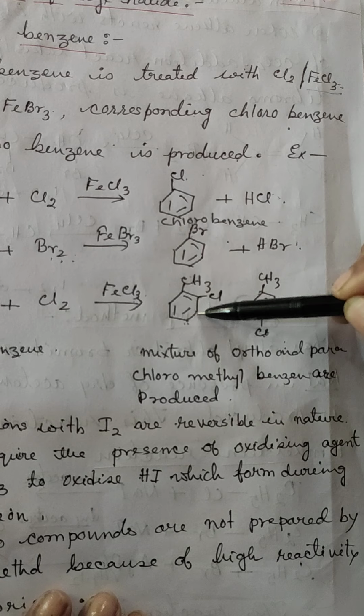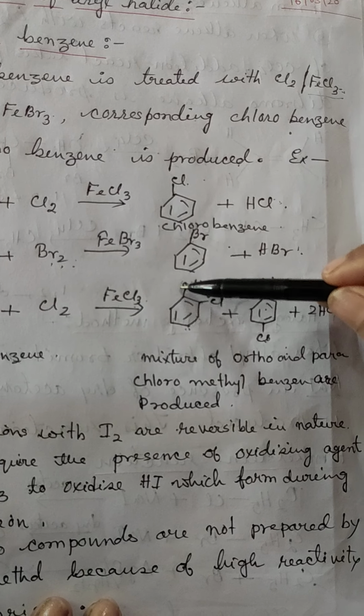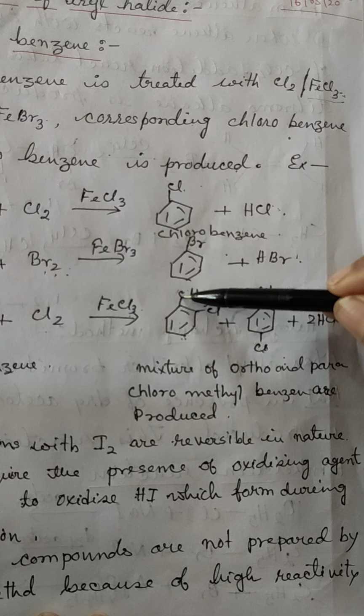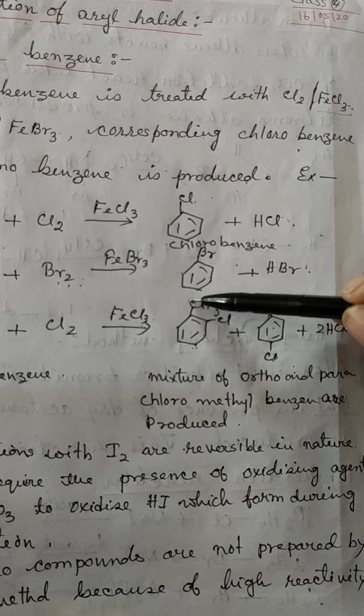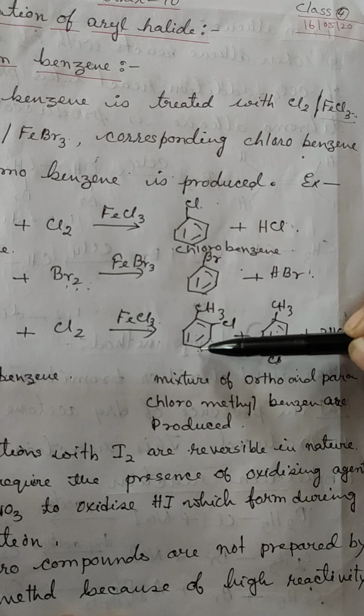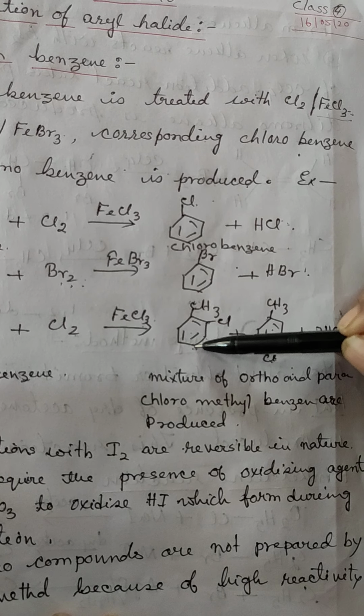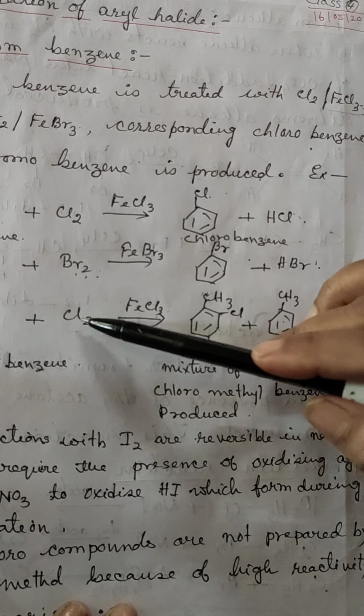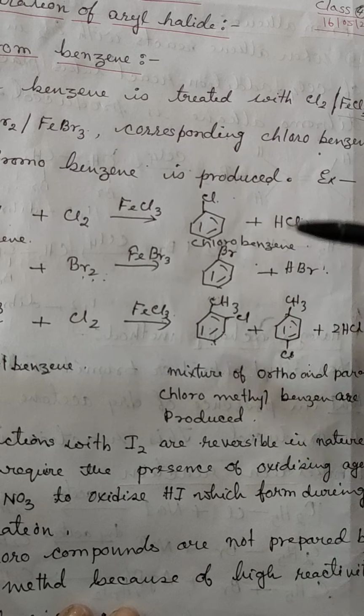It depends on the group attached to the benzene. Since the benzene has a methyl group, and this group is an ortho and para directing group, the electrophile will substitute at these two positions, as Cl plus.